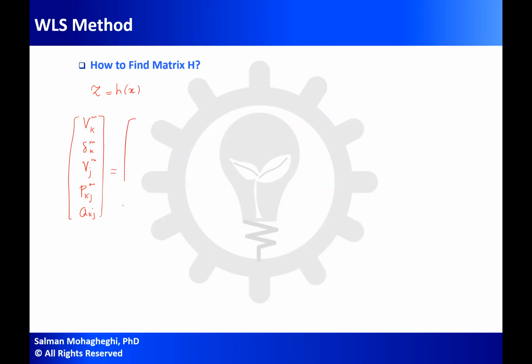And this was basically Vk on the equation side, delta k, Vj, and then I had Vk Vj Bkj sine of delta kj, and here I had minus Vk Vj Bkj cosine of delta kj plus Vk squared Bkj.